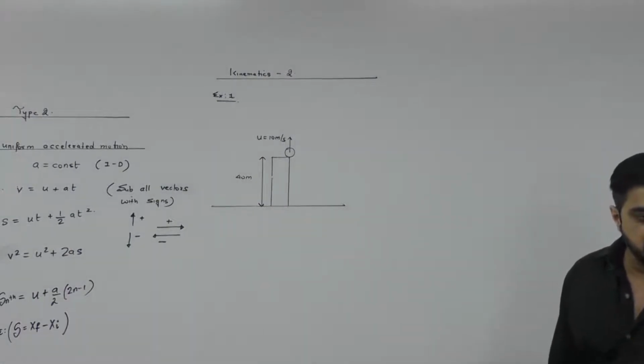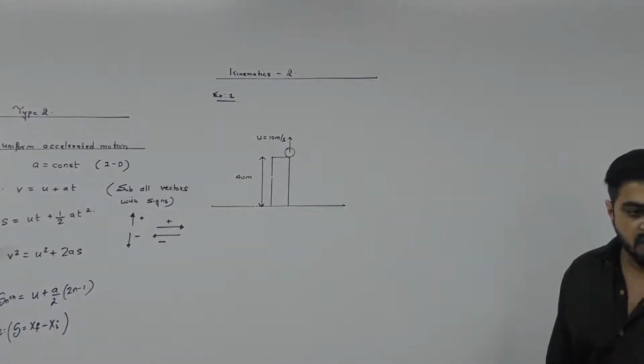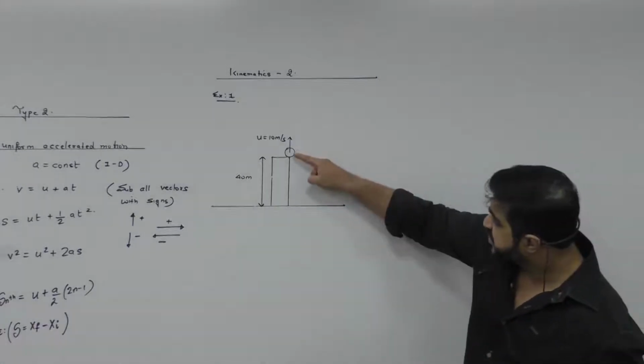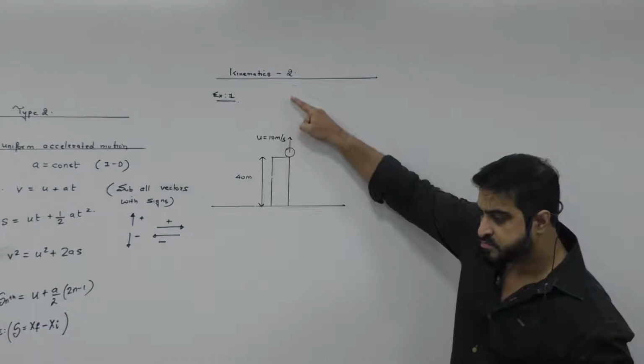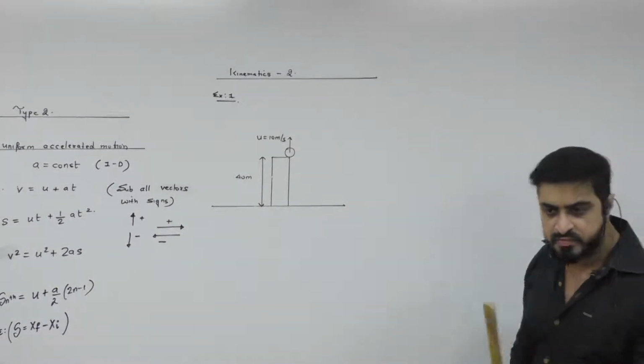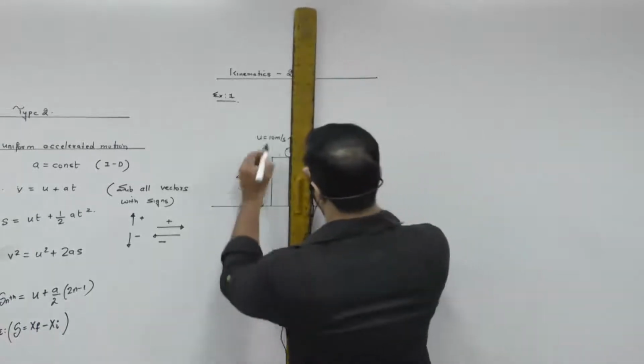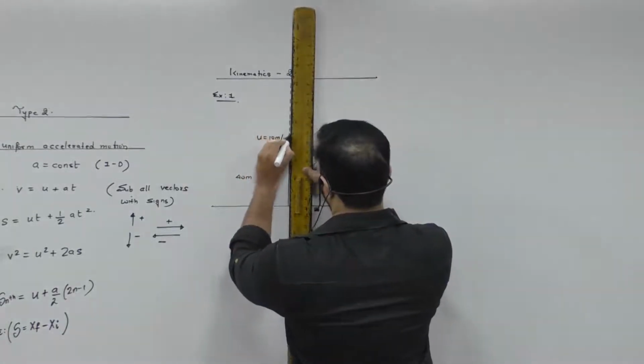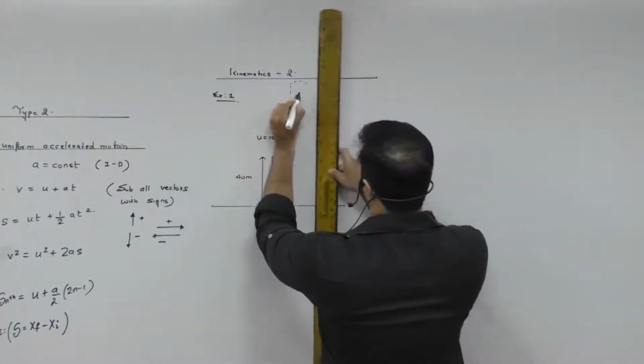Can anyone tell me which motion will the ball follow? The ball will go up. Will the speed increase or decrease while going up? Decrease. Finally it will stop and then come down due to gravity. So the motion of the ball is going to be somewhere this way.